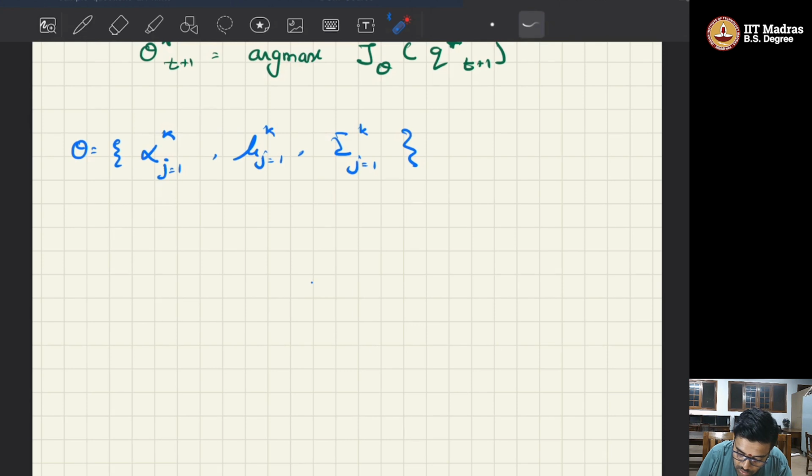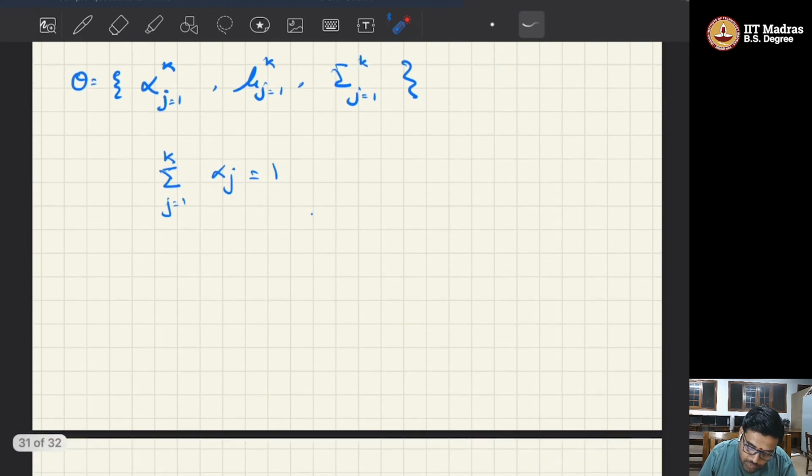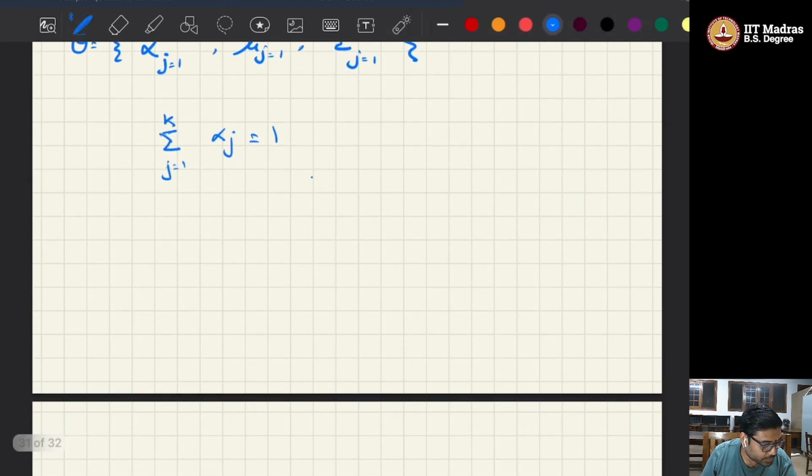Okay. So now on alphas, there is a constraint. It says that if you take the summation of all these alpha j's, you have to get one. There is no such constraint on the other parameters. So whenever we are trying to optimize, we need to do a constrained optimization.